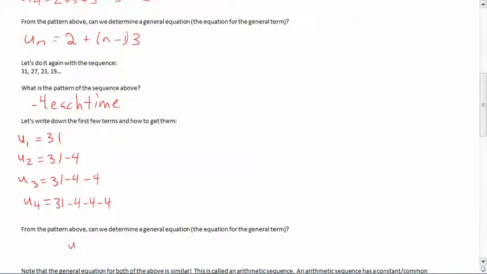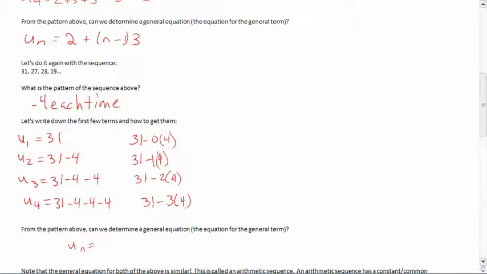So the nth term, right, this is 31 minus 4, this is 31 minus 2 times 4, this is 31 minus 3 fours. Okay, so that 4 would of course be 1 four, so 3 fours, 2 fours, 1 four, and 0 fours.